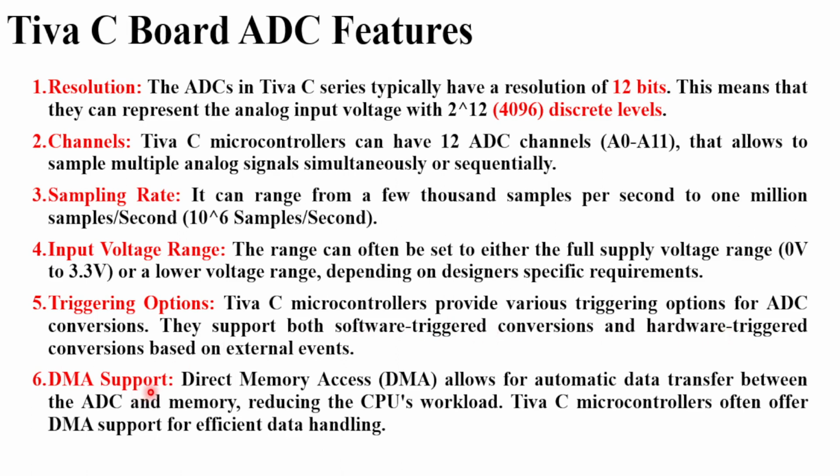Apart from that, the ADC also supports direct memory access. Therefore, DMA will allow automatically transferring the data between the ADC and memory so that we can reduce the workload of the CPU. So these are the basic features of the Tiva C board's ADC.